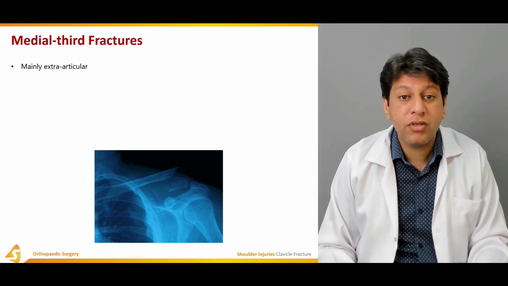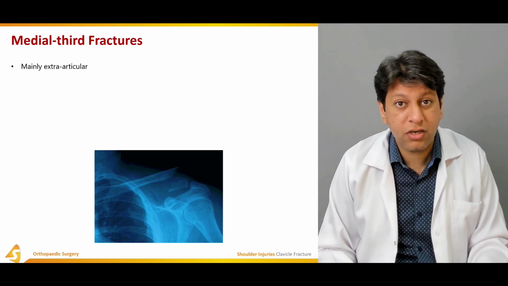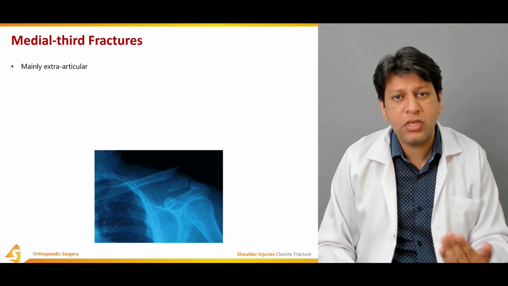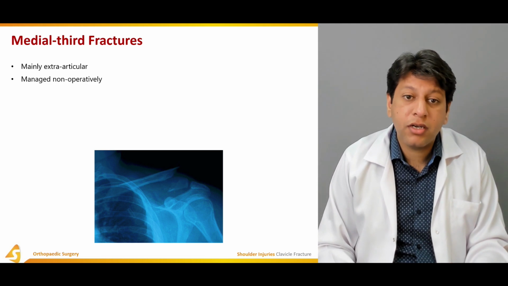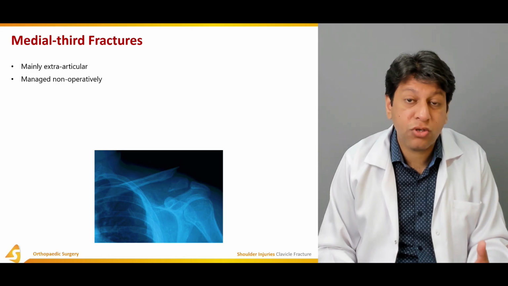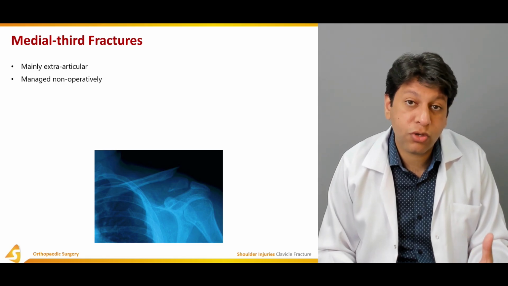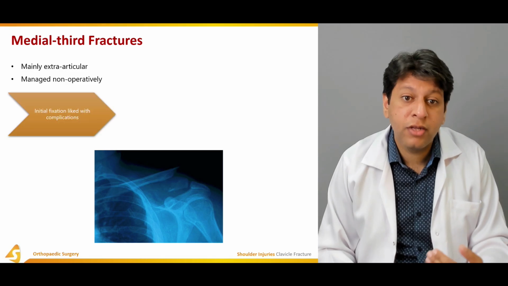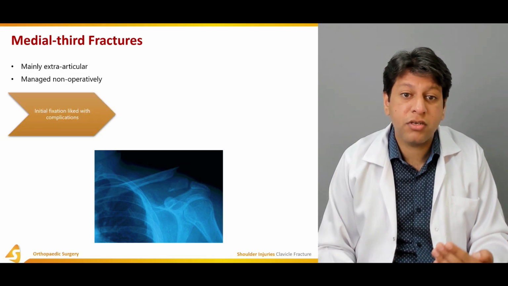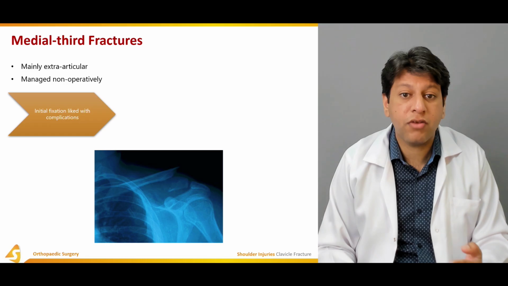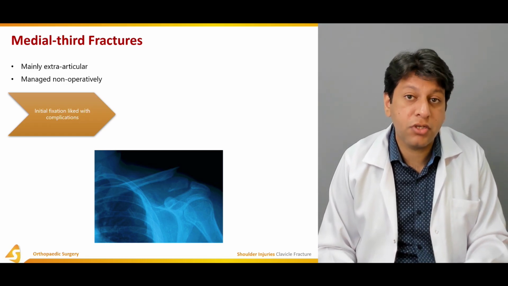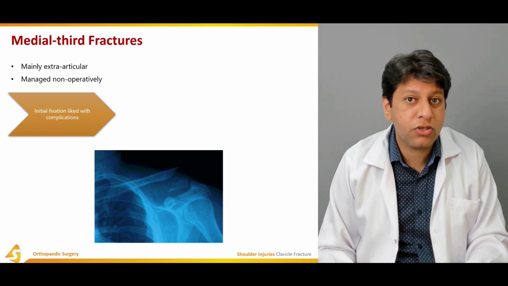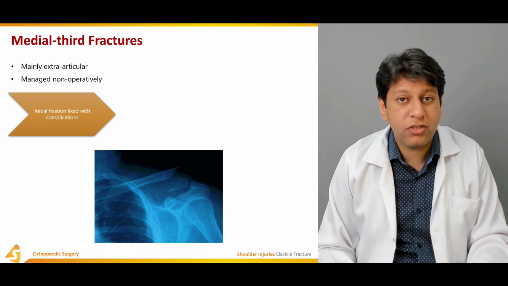If there's a medial third fracture, they are usually extra-articular and associated with anterior displacement. Anterior displacement is not an issue, and that can be managed non-operatively. But if it is a posterior dislocation, it may impinge on the trachea, and initial fixation is needed despite the complications. The problem is that posterior dislocation means it's impinging on the trachea, and that can compromise the trachea later on and can be very disastrous for the patient.